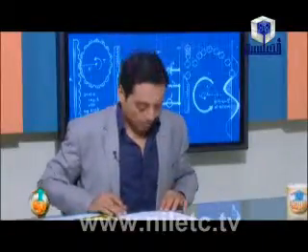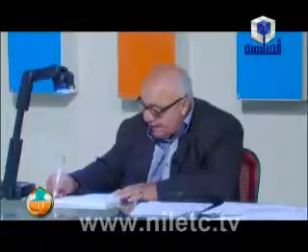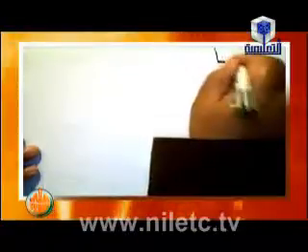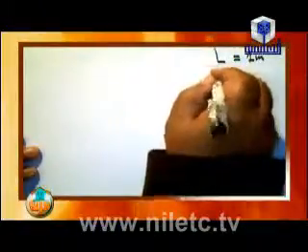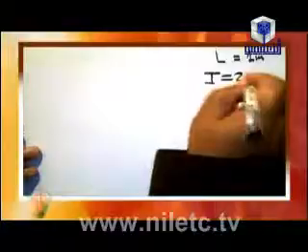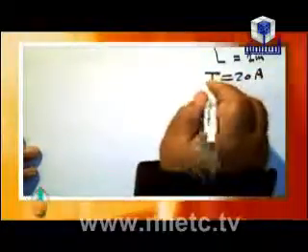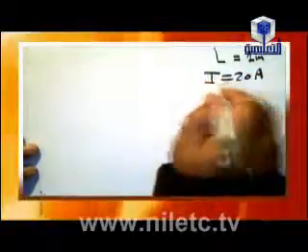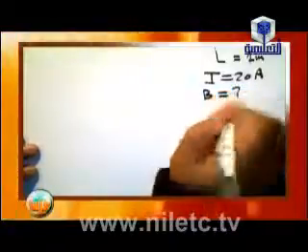There is this problem, and we have here a table. A straight wire of 1 meter long, so L equals 1 meter, and current passing through it equals 20 ampere, I equals 20 ampere, is placed in a uniform magnetic field of flux density B, which is unknown.